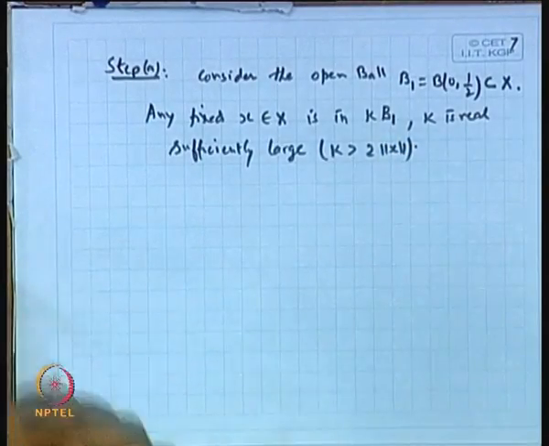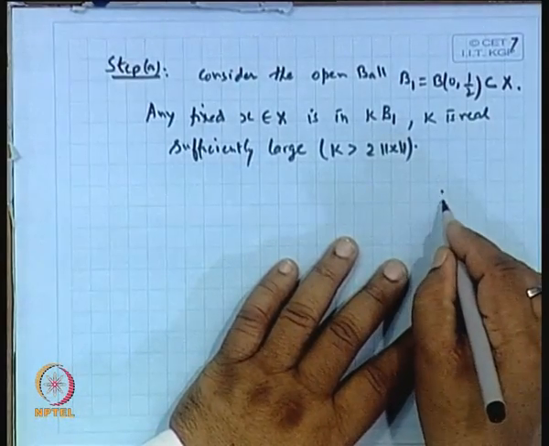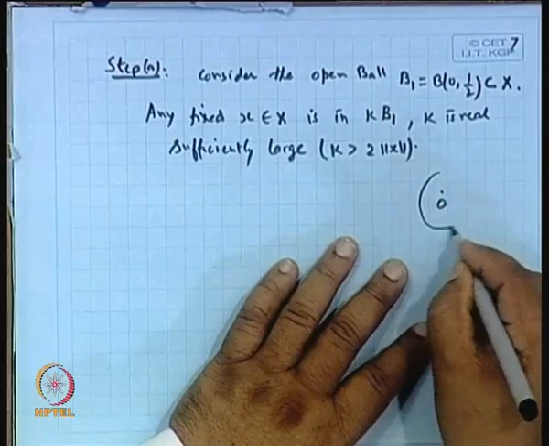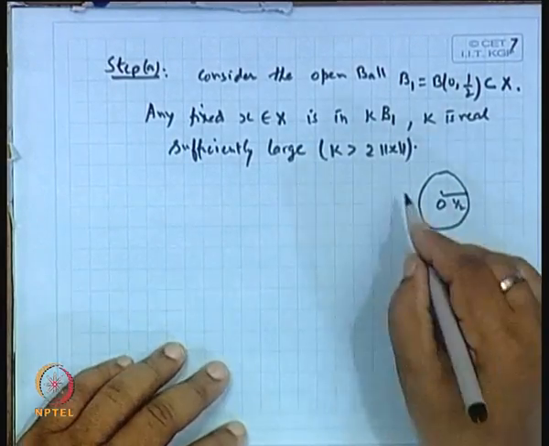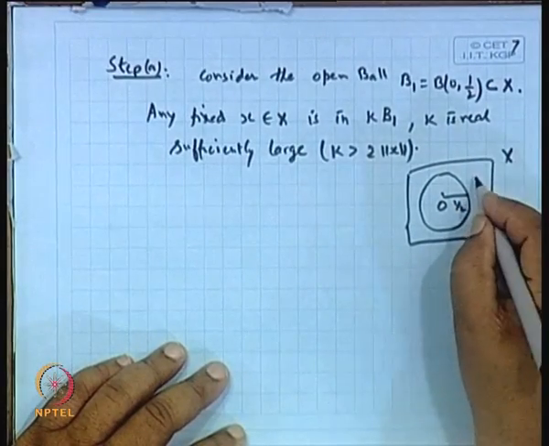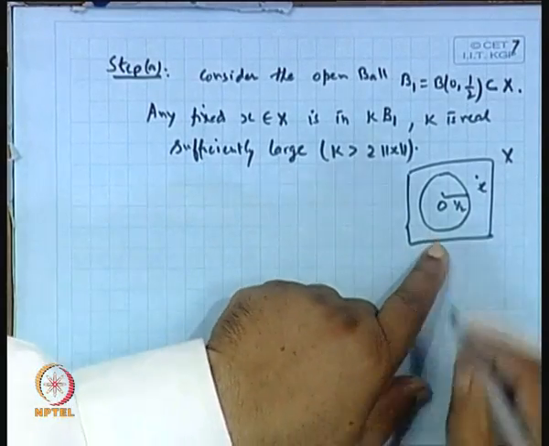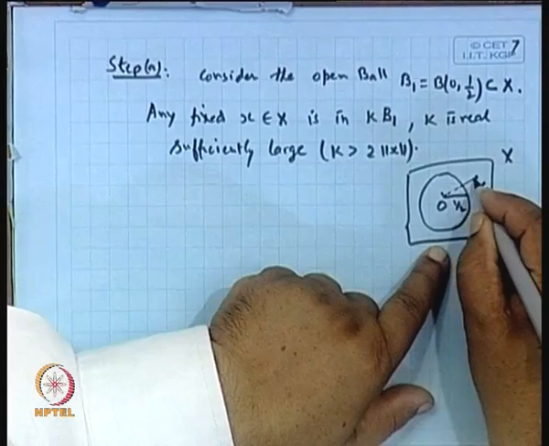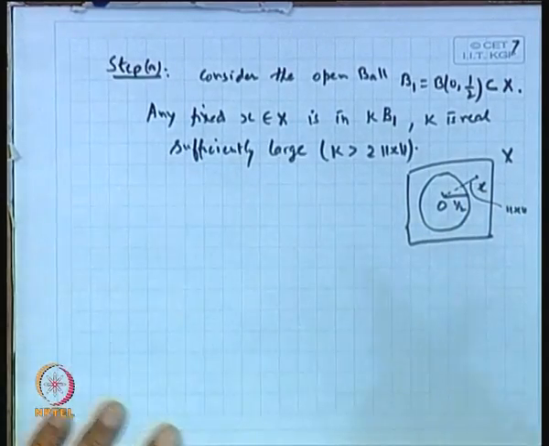Why is it so? Because this is our ball centered at 0 with a radius half, and x is this. Suppose I take x here, any fixed x. This is the norm of x, the distance from the origin.